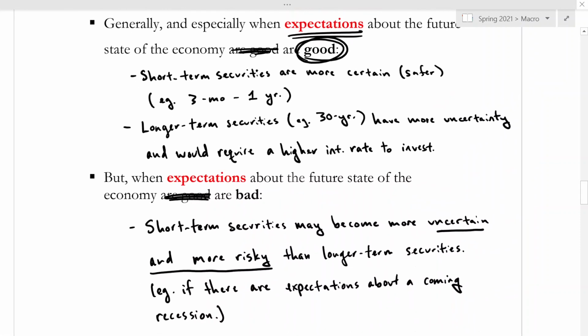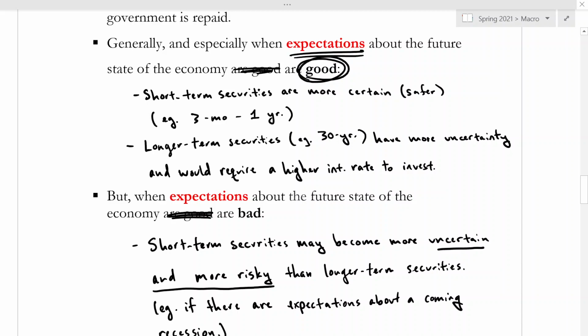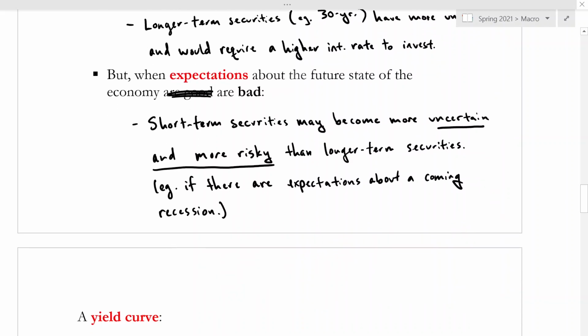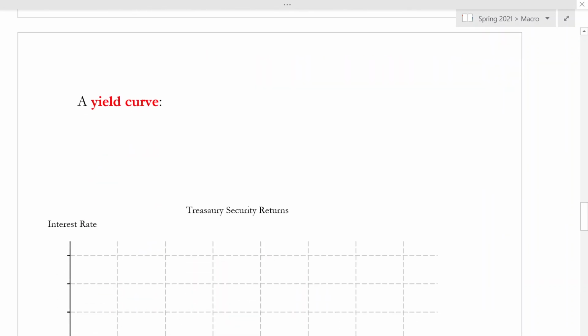And so with that, we can actually graph and model the shape of the different maturities, short and long term, and see what this looks like on what's called a yield curve. So let's review this.